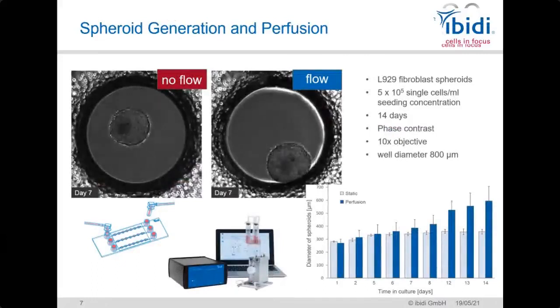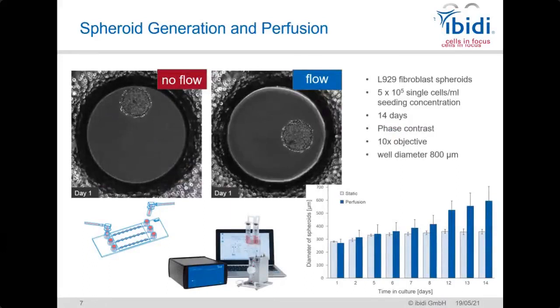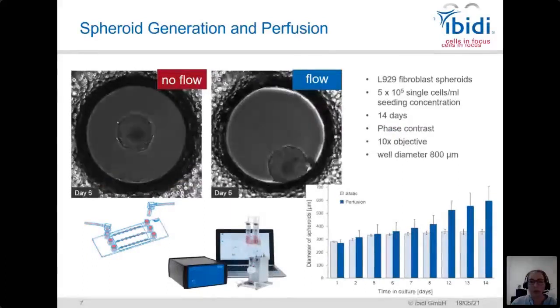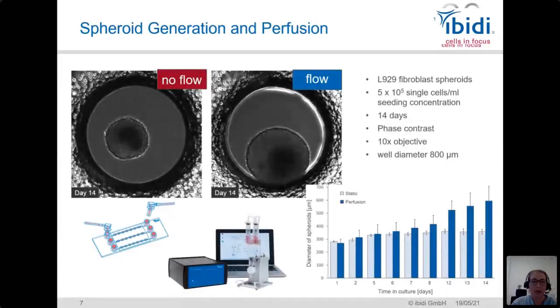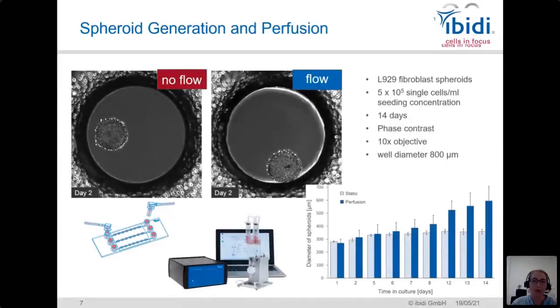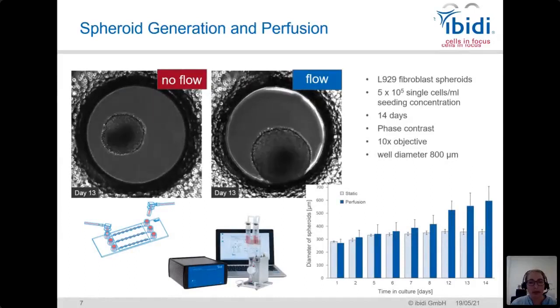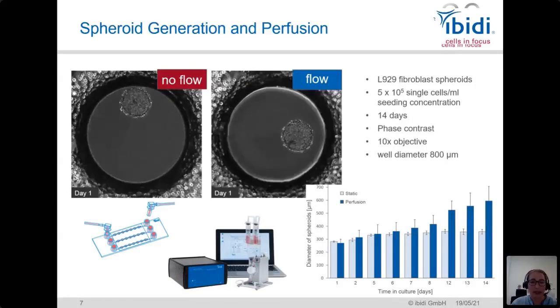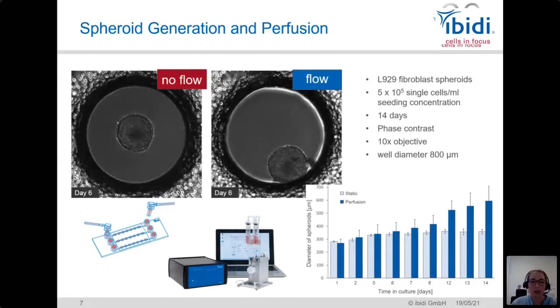So what are the advantages of the perfused cell culture? This I want to demonstrate in this slide. We see here spheroids from a fibroblast cell line, which were grown for 14 days with regular medium exchange once a day on the left side, compared to continuous perfusion on the right side.